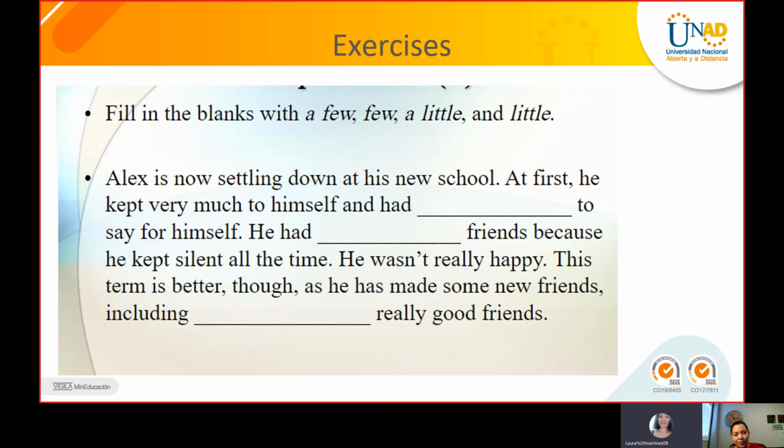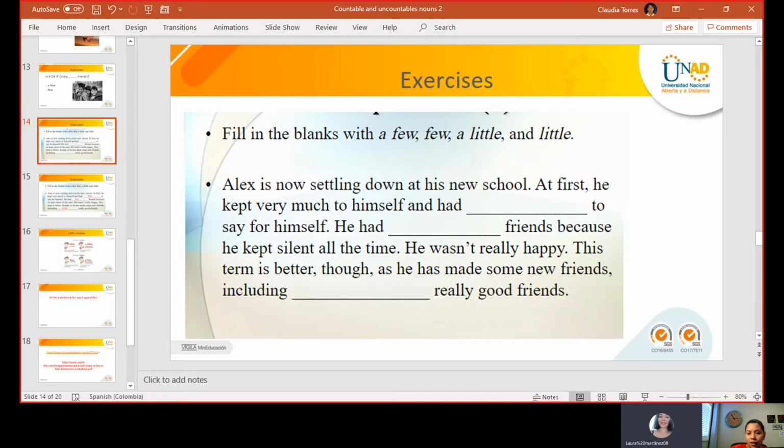Sigo teniendo la duda, pero me voy a ir a que and had a little. Perdón, es que me queda difícil grabarme esa palabrita. No worries. Little. Okay, so let me check. Did you write it in the chat? I cannot see the chat.